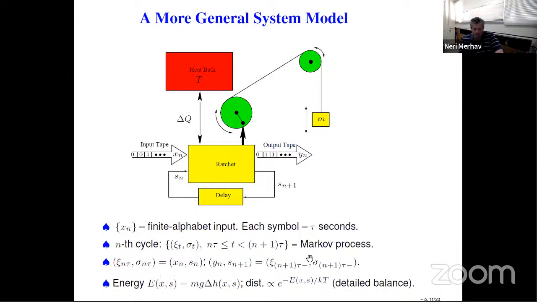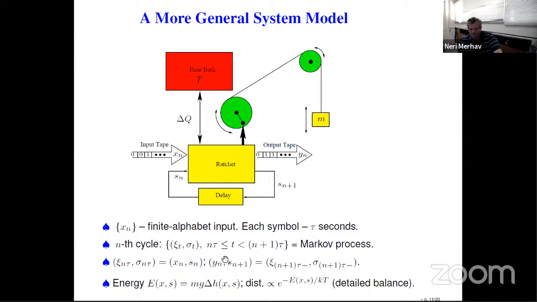The lower level process is within each period of length tau. It's a Markov jump process with two components, psi(t) and sigma(t). And the initial state at each period is X_n, S_n, the current input and state. The final output and the state are recording the final values of the pair psi and sigma.